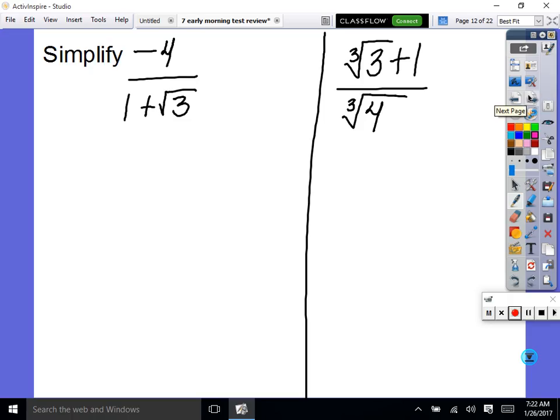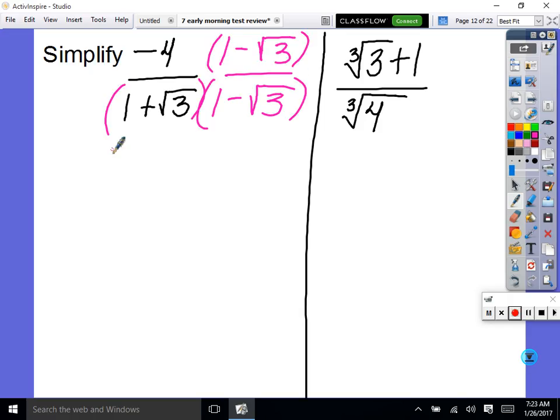Okay, simplify. There's a radical on bottom. There's 2 terms. So to fix it, we multiply by the conjugate. 1 minus root 3. 1 minus root 3. Here's the thing. We've got to be putting parentheses around things with 2 terms. That's what I see people still missing. Negative 4 times 1 is negative 4. Negative 4 times negative root 3 is positive 4 root 3s, right?